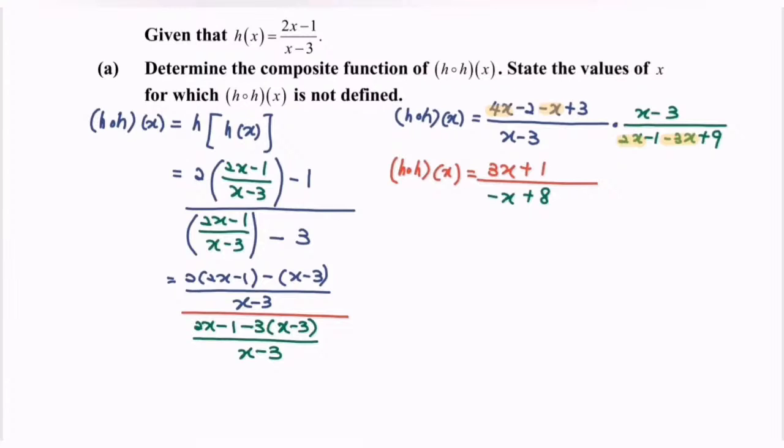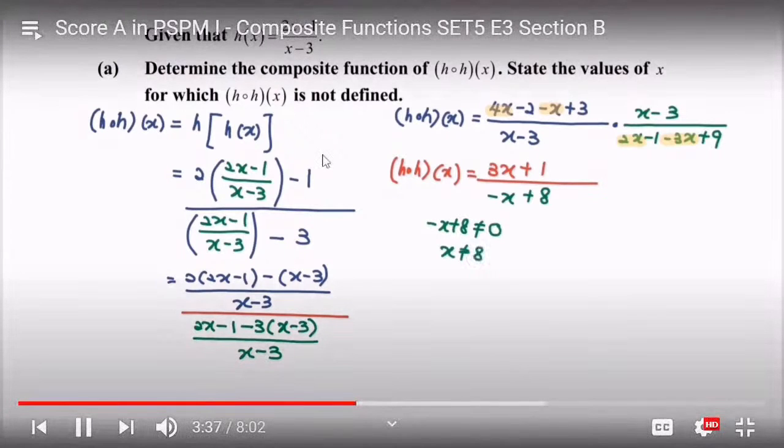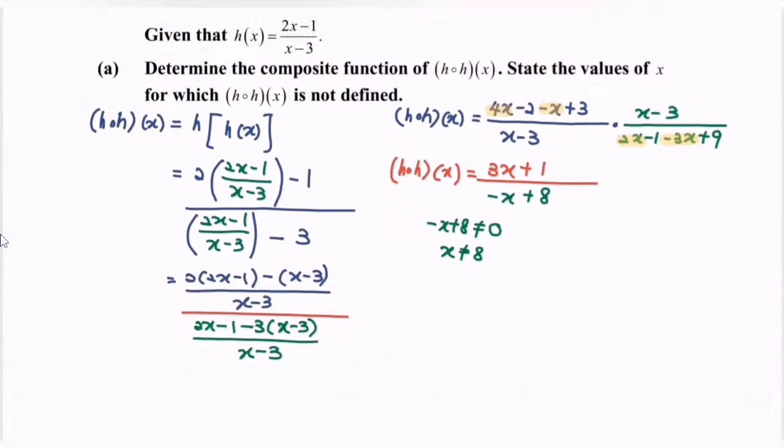Next, state the value of x for which h∘h is not defined. So meaning that negative x plus 8 cannot be equal to 0. So x cannot be equal to 8. For these kinds of cases, state the value of x, so x is equal to 8, because if we substitute 8, the situation will become 0.